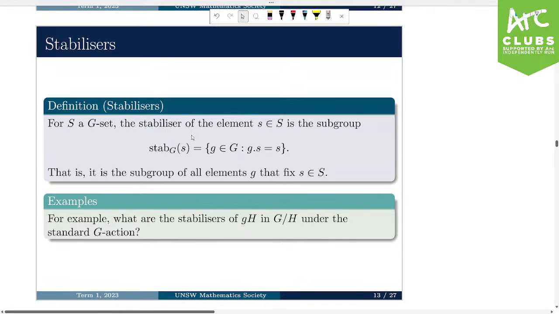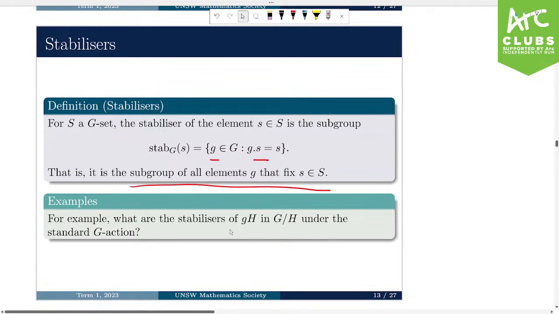Stabilizers. The stabilizer of an element s in S is the subgroup of G of all elements in G that fix s.